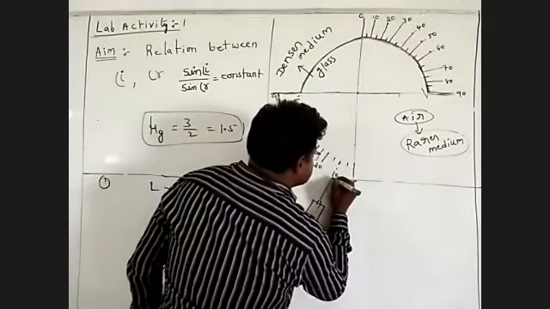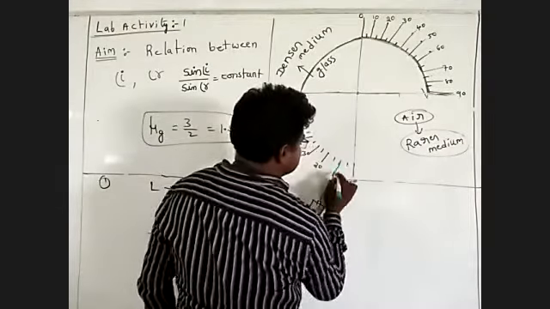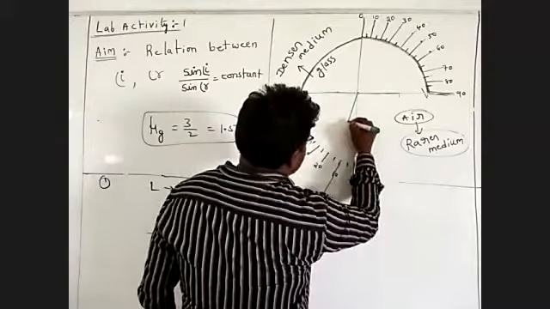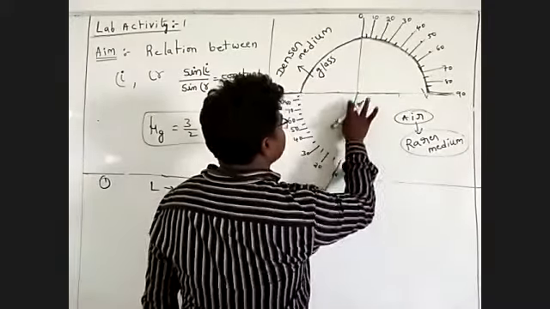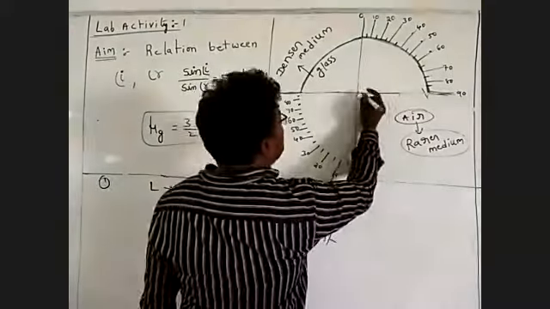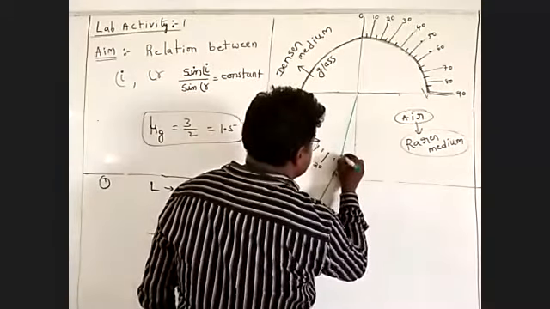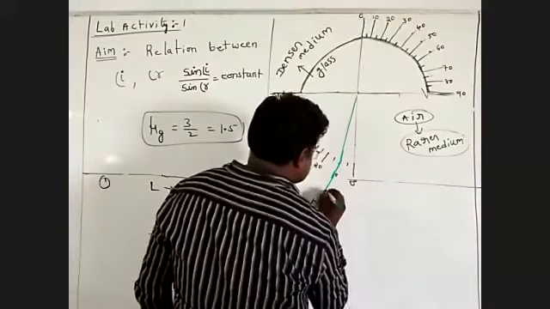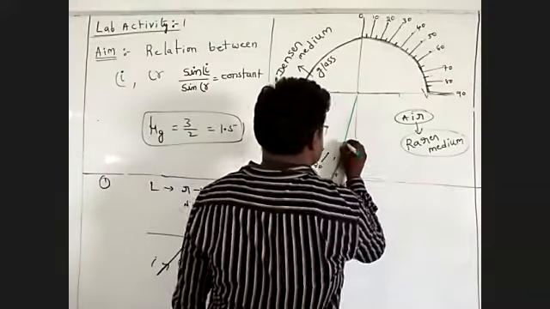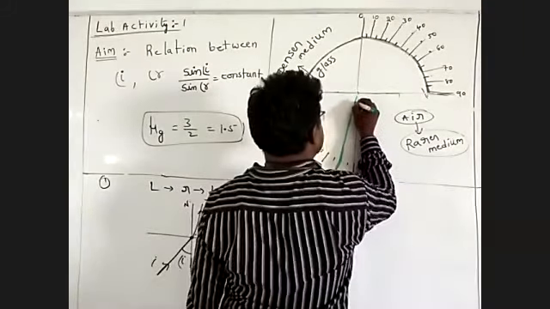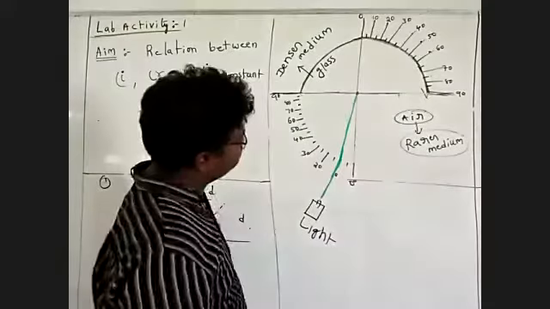This light ray is passed along 10 degrees. This is a beam of light. The beam of light is traveling towards the 10 degrees, towards the point of incidence.